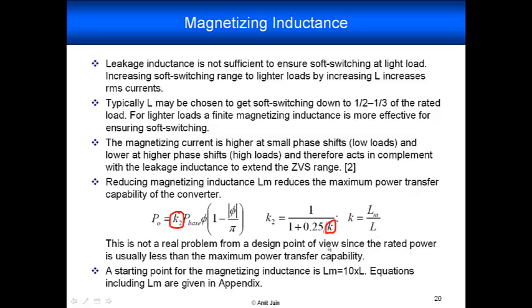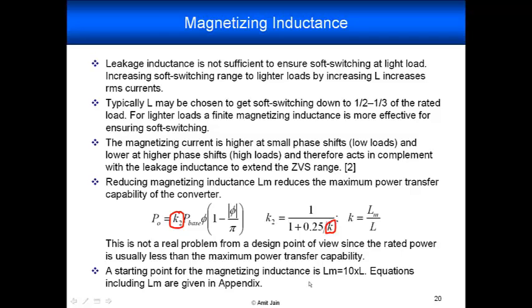This is not a real problem from a design point of view, because the rated power is typically less than the maximum power transfer capability you have in the converter, and also typically you would have a factor of 10 for this K. So if K is 10, then you can see that K2 is just 1 over 1.025, so you're not compromising the capability by a big amount.